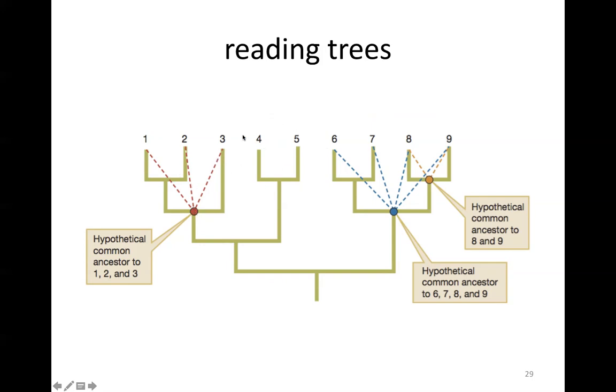So if we ask, is 3 closer to 1 or to 4, we check where on the tree is the common ancestor between 3 and 1 here, and 3 and 4 here. Because 3 and 1 share a more recent common ancestor, this suggests 3 and 1 are more closely related to each other.